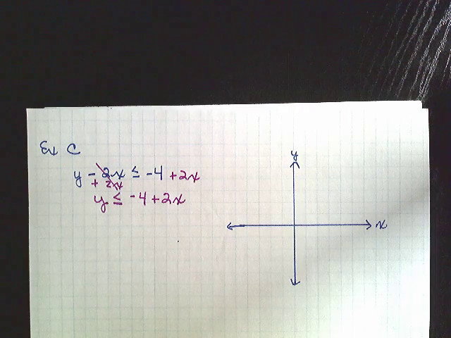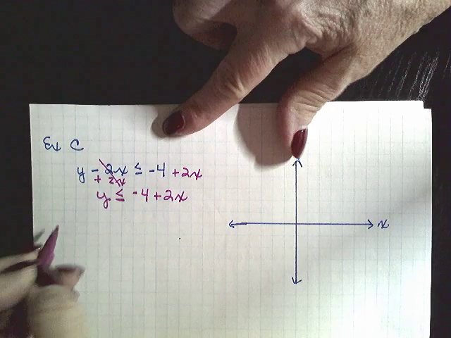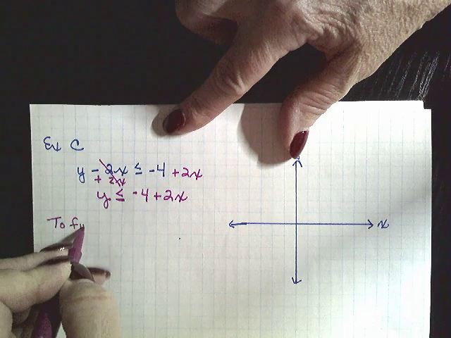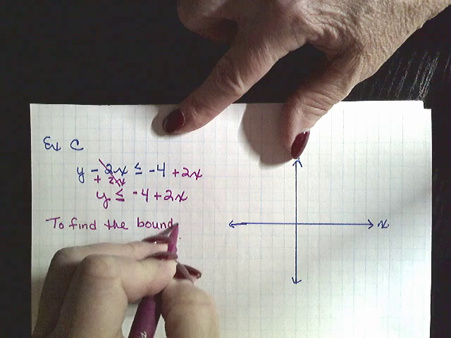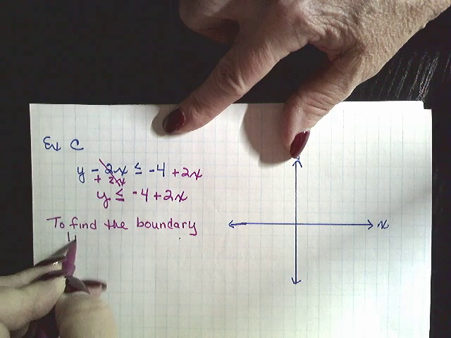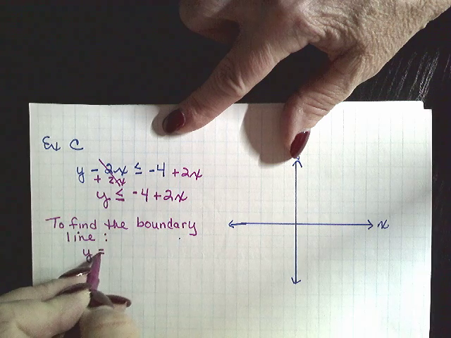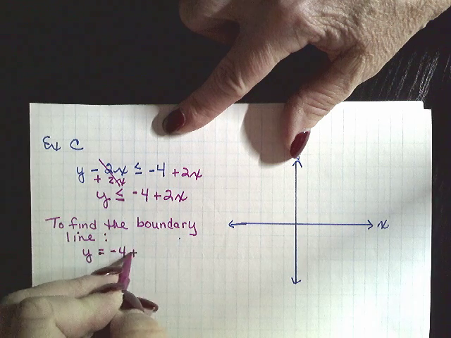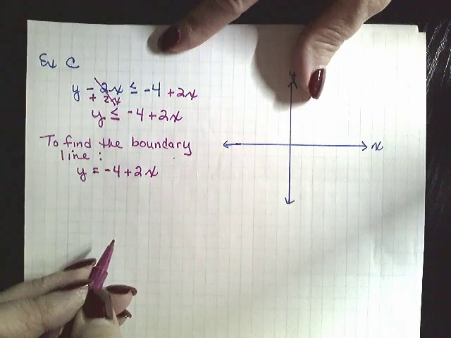Okay, now it should be easy for us to find a couple of points that we can graph on a line. Now, I want you to think about this as an equal in order to find the boundary line. So we are going to set that equal: y equals -4 plus 2x. Let's pick a couple of points.